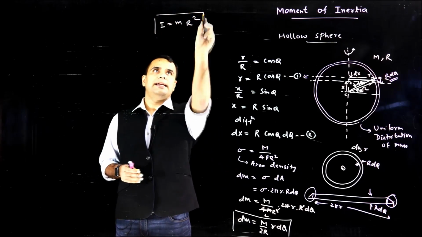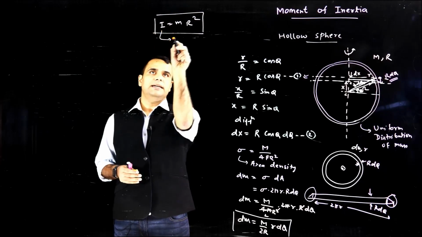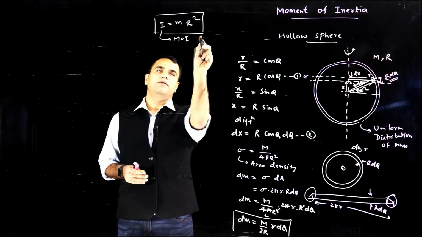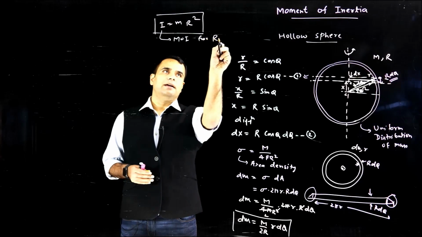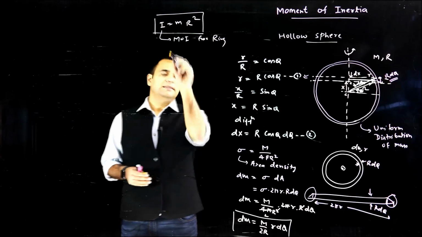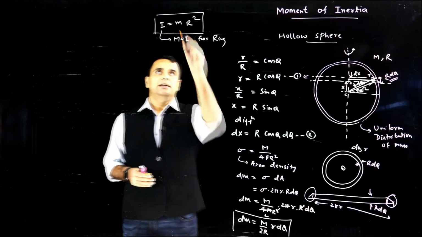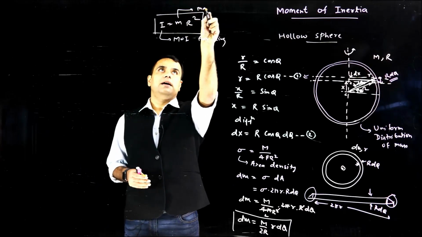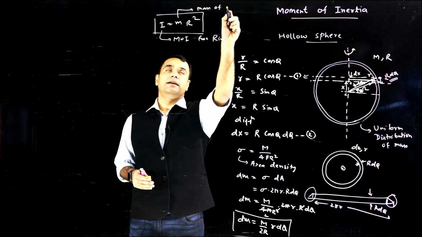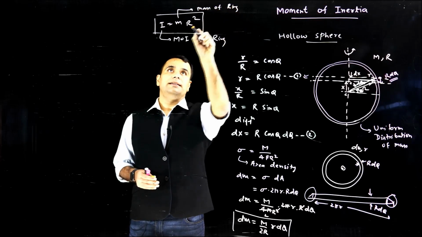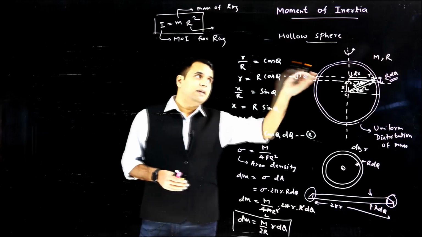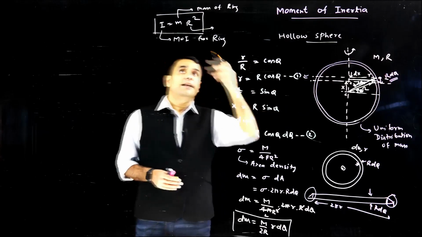I is equal to mR square. This I is the moment of inertia for the ring about this axis, which is perpendicular to the ring and passing through the center. Here this m is the mass of the ring. And this capital R I'm taking is not the radius of this sphere, it's the radius of the ring.